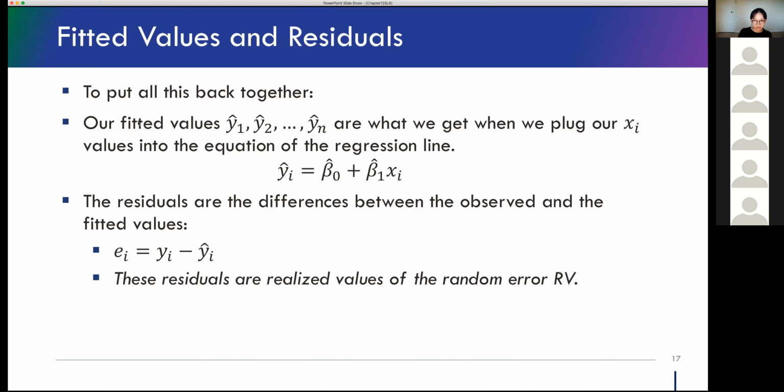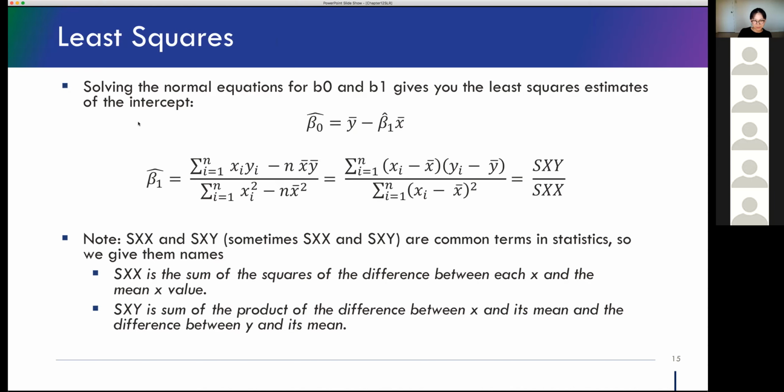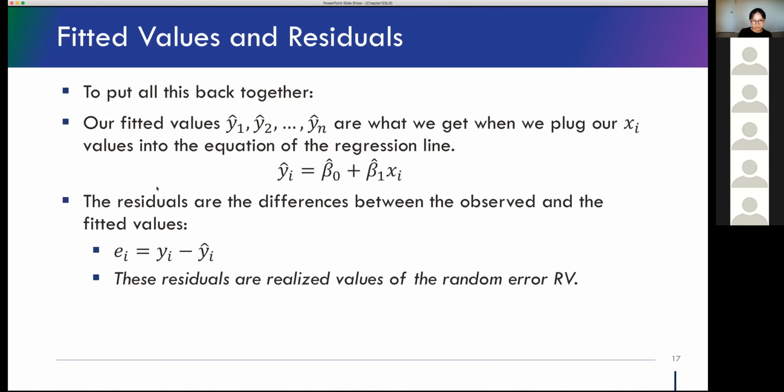And we get the estimates of beta 0 hat and beta 1 hat. We plug them in, and that's how we get our regression line. This is the whole purpose. And the residuals are like this: e_i is y_i minus y_i hat.